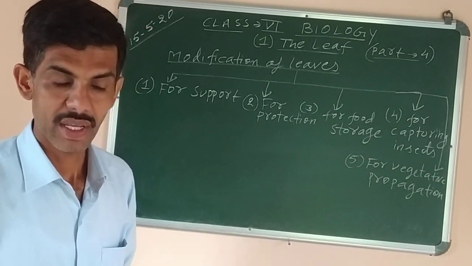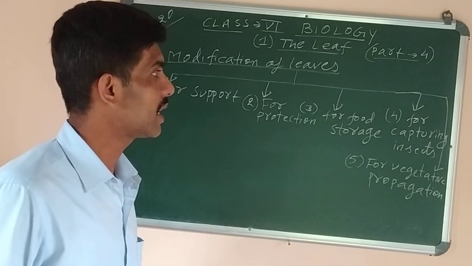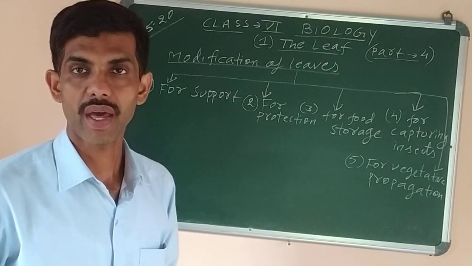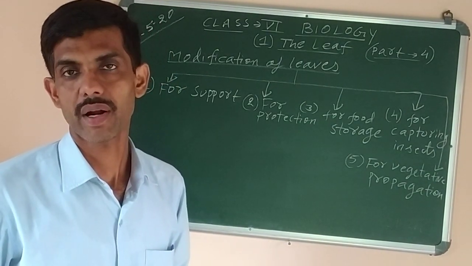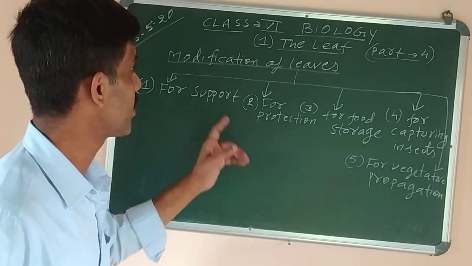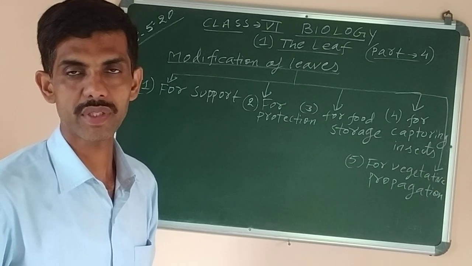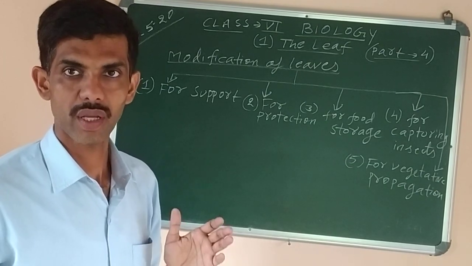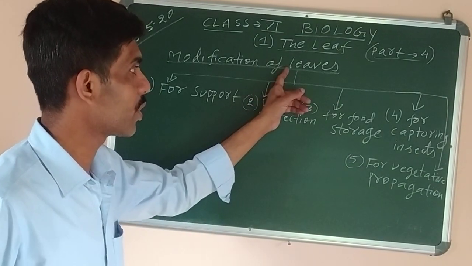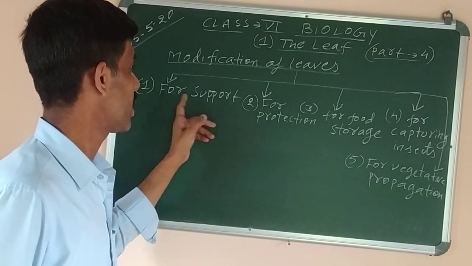But sometimes these leaves change their structures to carry out some other function apart from photosynthesis. So that is the meaning of modification of leaves, means changes in the leaves to carry out some other functions.